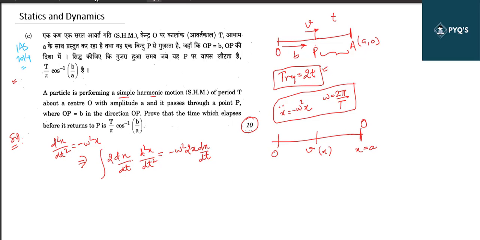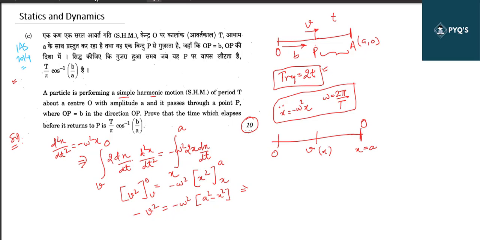So when we integrate, consider the velocity from v to 0, and distance x from x to A. Now dx by dt whole square is v square, so we get v square by 2, and the 2 cancels. So I'll get minus v square equals minus omega square times A square minus x square. So that is the formula for velocity.